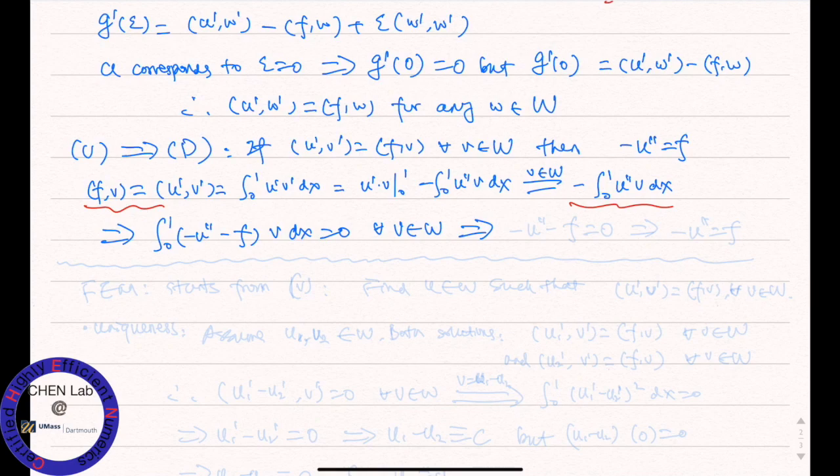So you get this function squared, and you're integrating a square. This must be 0 if the integral of the square is 0. So negative u double prime minus f must be 0, which means negative u double prime is equal to f.